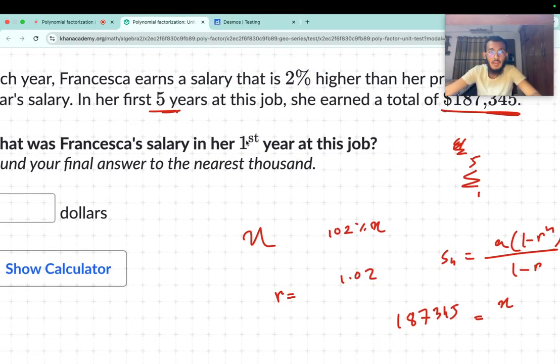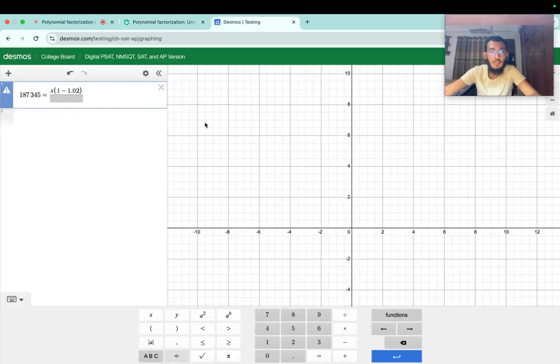The n is the number of years, which is 5, so that is raised to the power 5. And finally, we divide by 1 minus r.